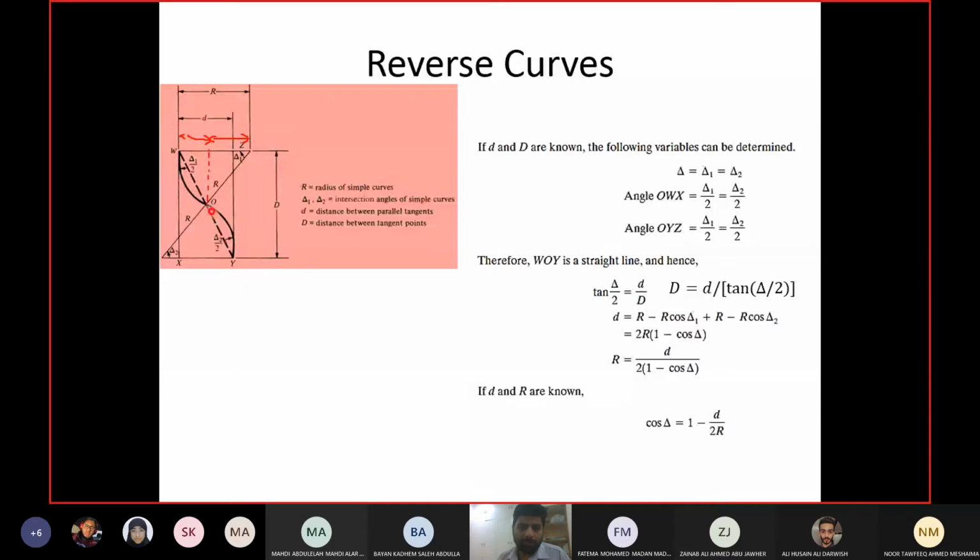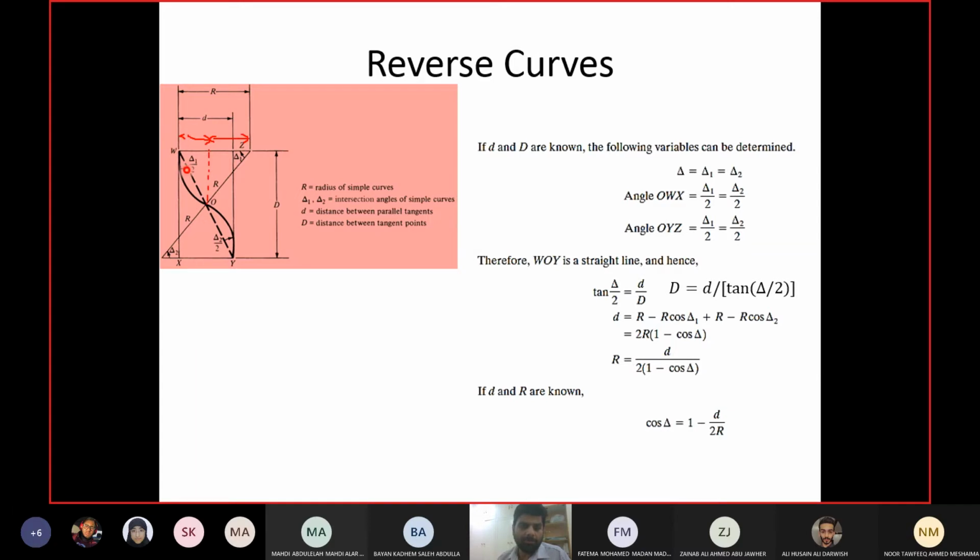So to go from PC to PT, to find out the station of PT, I must add the length of this curve and the length of this curve in PC. To find out the station of PT, I must add the length of both the curves in PC.